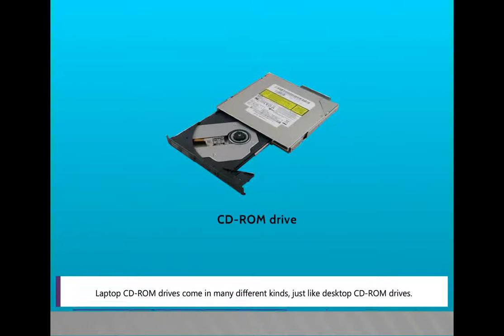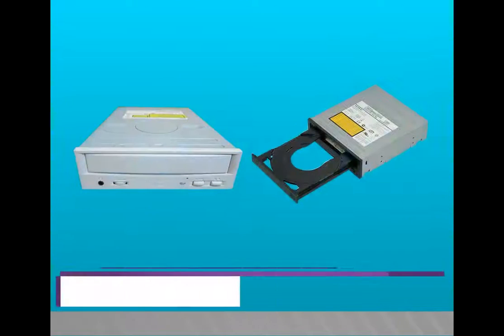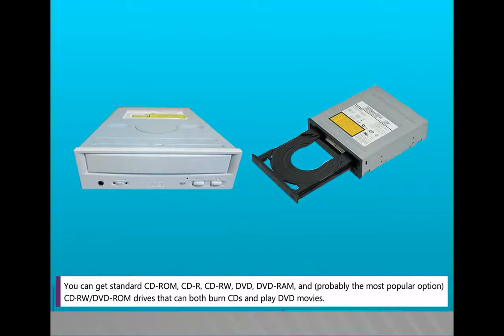Laptop CD-ROM drives come in many different kinds, just like desktop CD-ROM drives. You can get standard CD-ROM, CD-R, CD-RW, DVD, DVD-RAM, and probably the most popular option, CD read and write or DVD-ROM drives that can both burn CDs and play DVD movies.